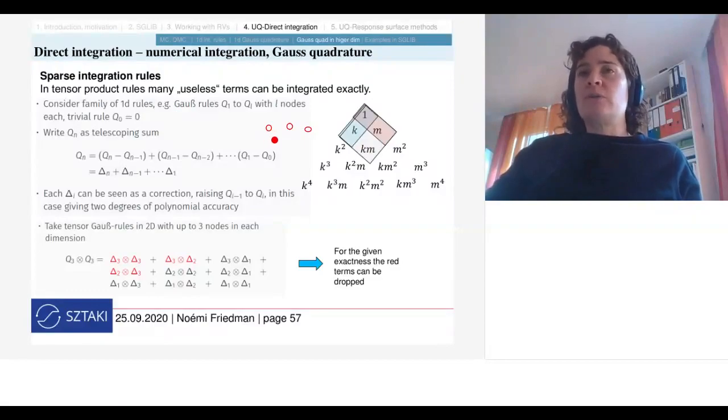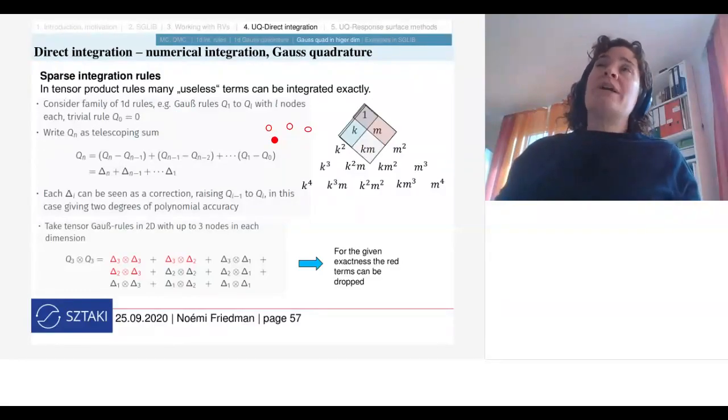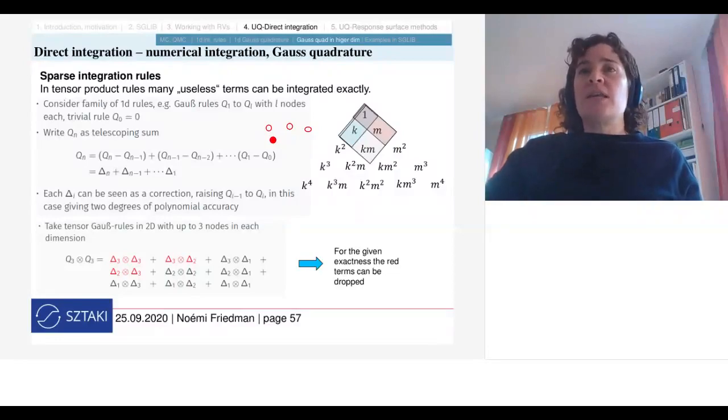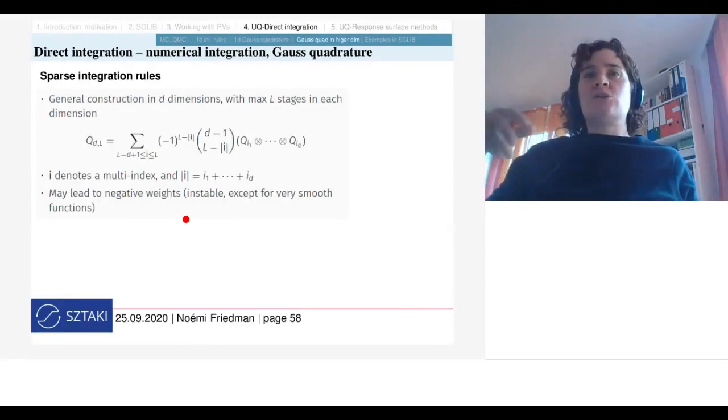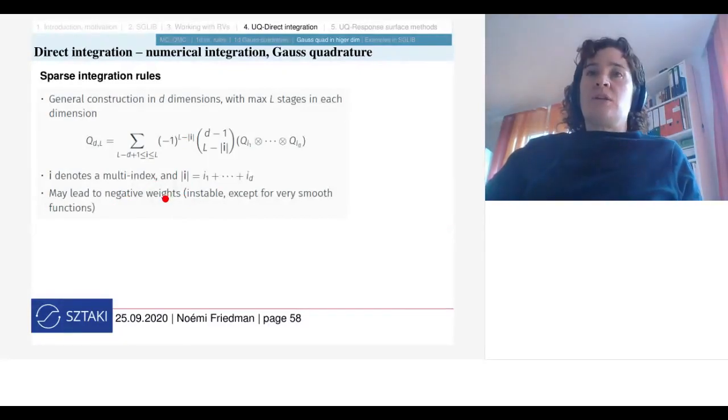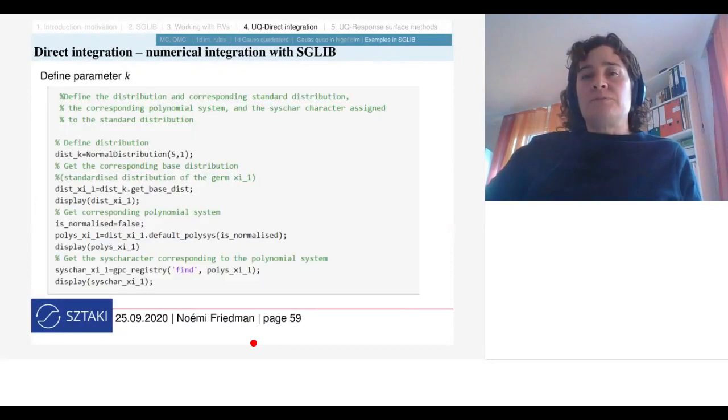So if you have 4 random variables, or more than 4 random variables, then you may think about using a sparse grid integration rule. Okay, but as Professor Mattis explained, because of the negative weights, its stability is questionable. So you really need smooth functions to be able to get an accurate estimation of the integral. And you really have to watch out for that.